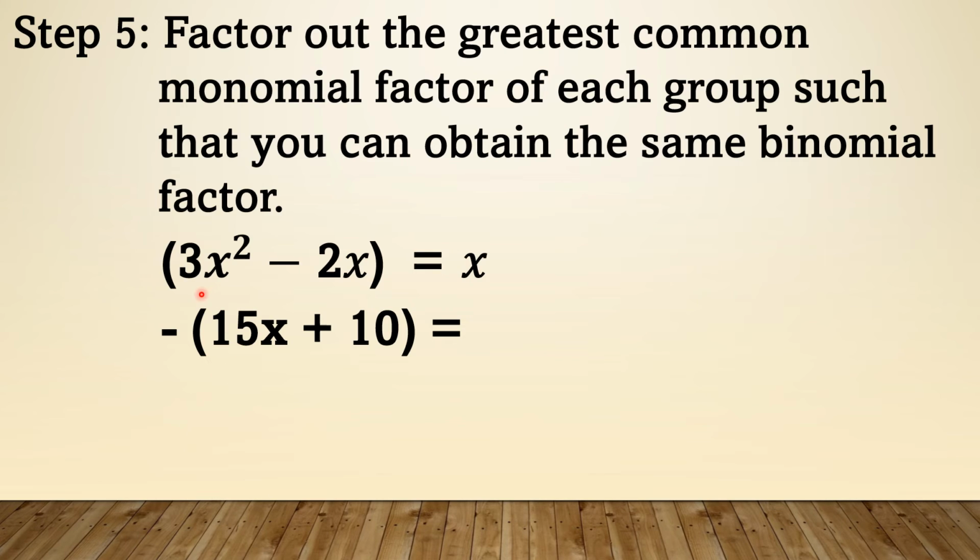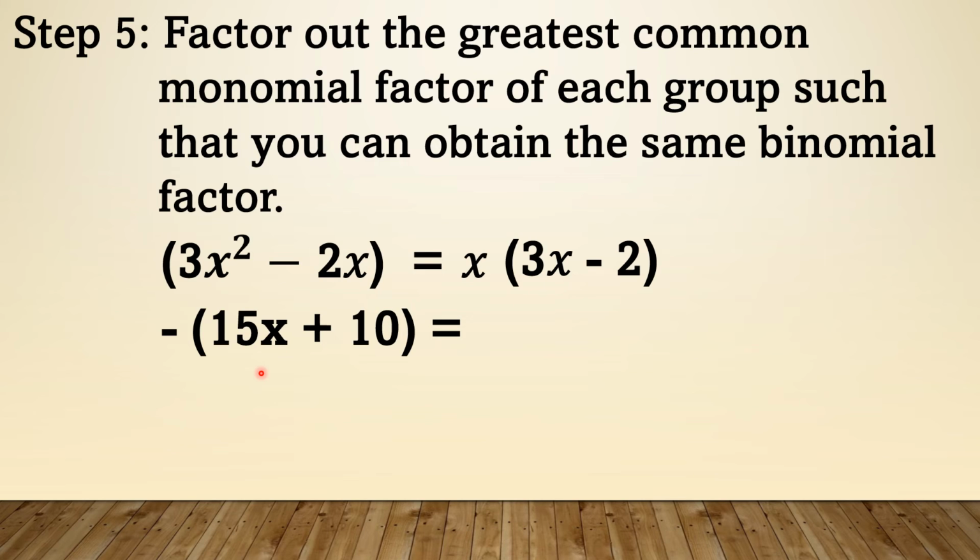So the GCF of 3x squared and 2x is x. So we are going to divide the binomial by each GCF. And the other factor is 3x minus 2.